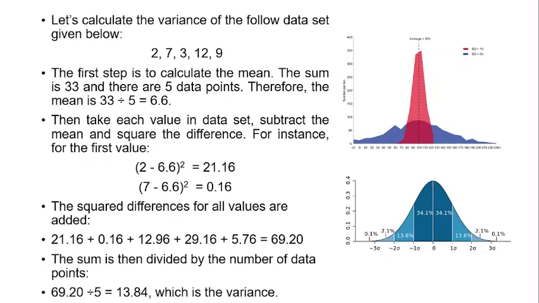So let's suppose we have this data set 2, 7, 3, 12, and 9, and we want to calculate its variance. So first step is that we calculate its mean, that is add 2, 7, 3, 12, and 9, and then divide it by 5. So we get 6.6.